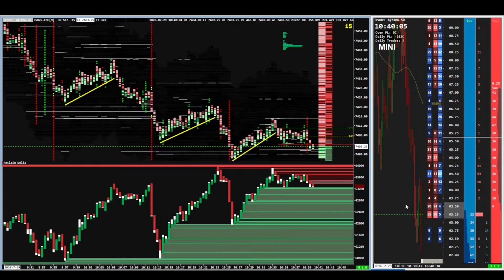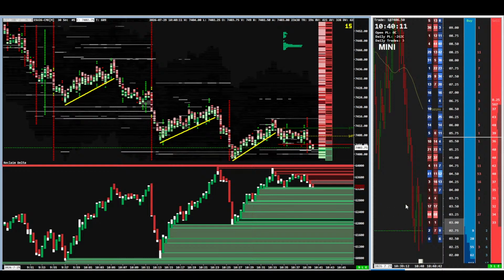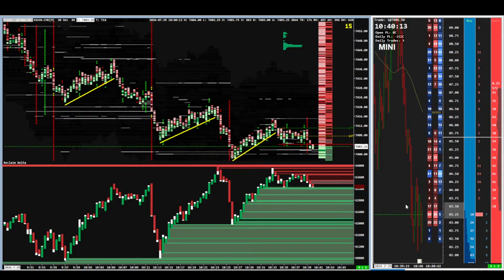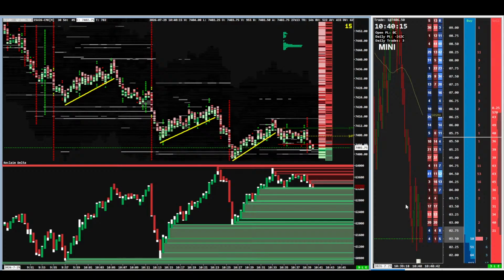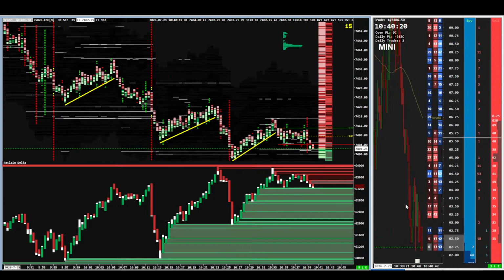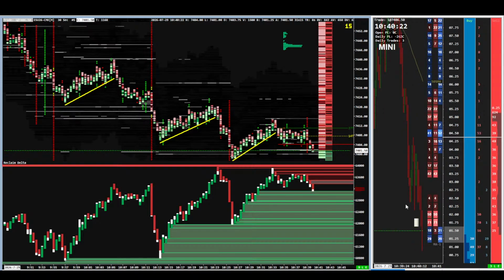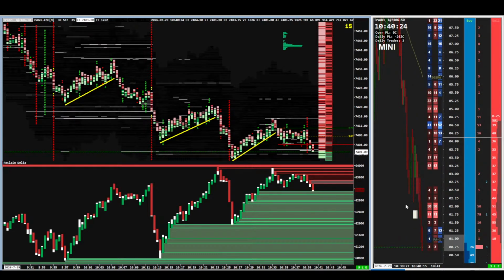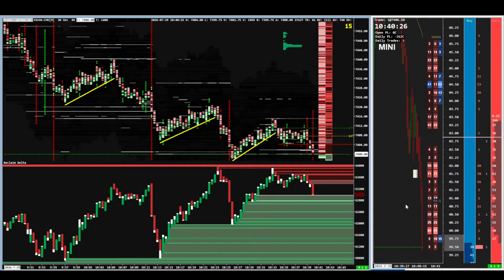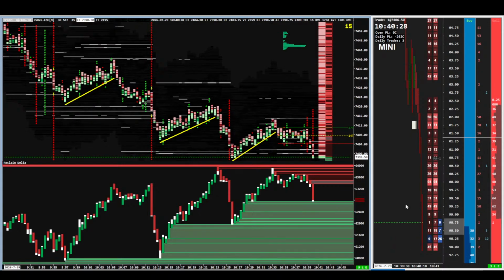They just finally got through it. Imagine at some point. Quads are right here. So much liquidity down here. And there they go, blowing out all that trap buying.